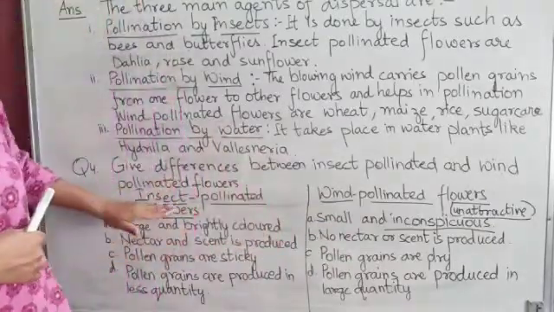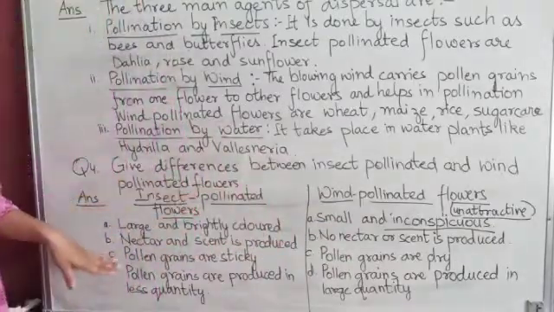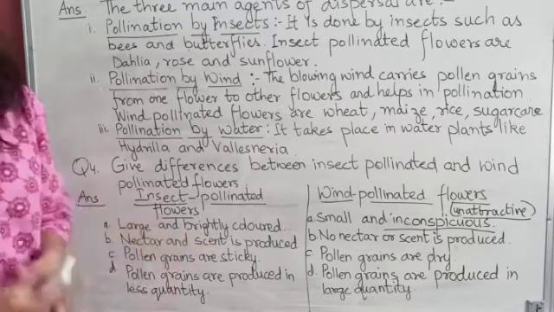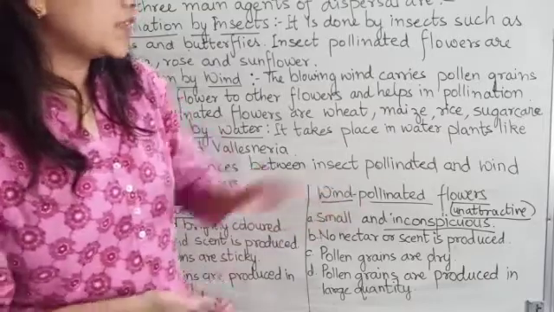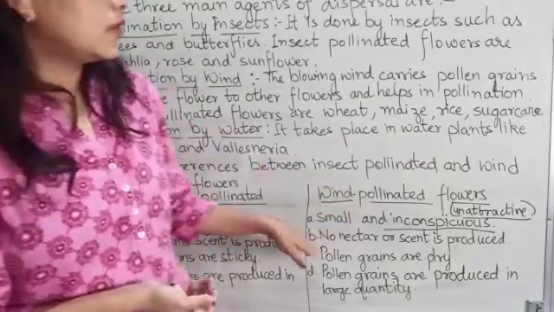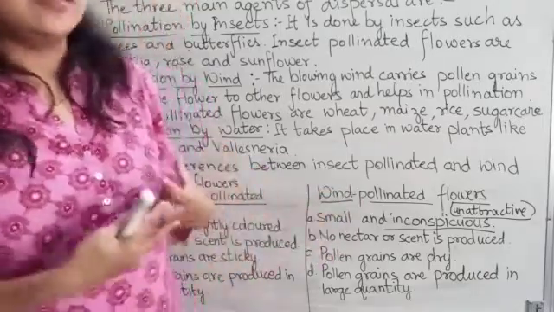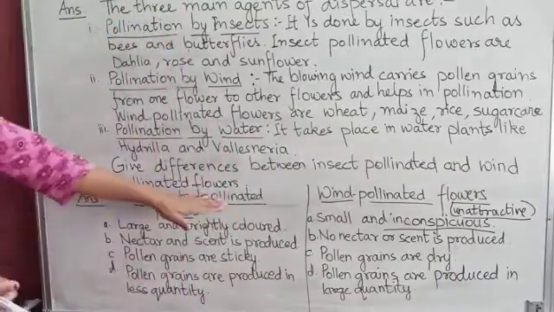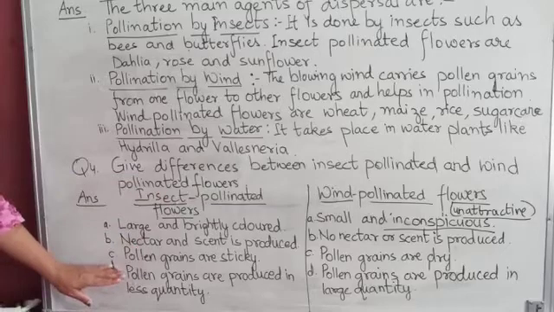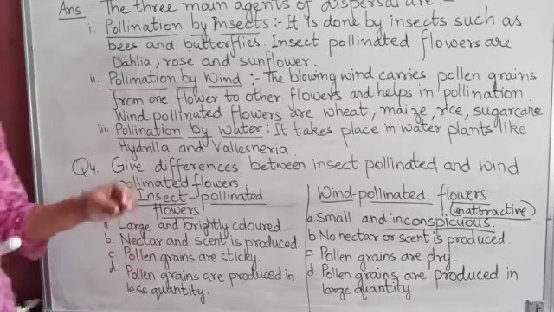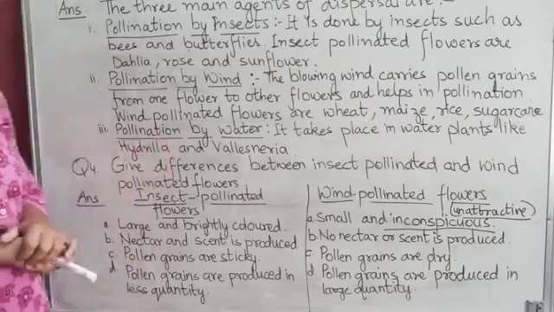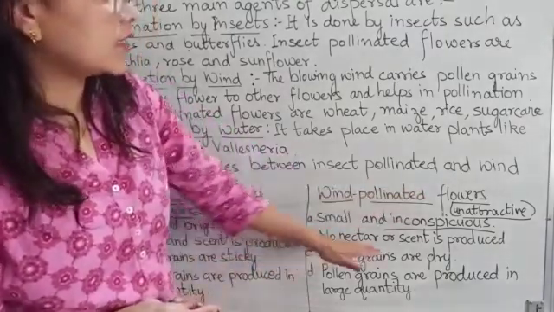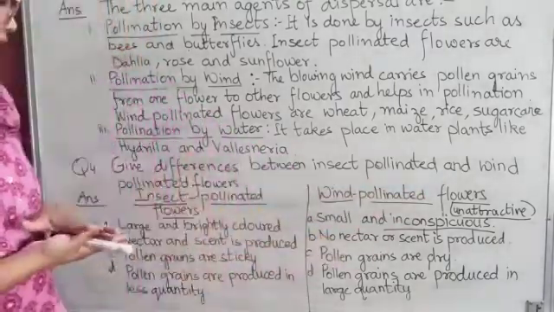Then insect pollinated flowers have nectar and scent, but wind pollinated flowers do not have nectar or scent. In insect pollinated flowers, pollen grains are very sticky, and in wind pollinated flowers, pollen grains are dry.